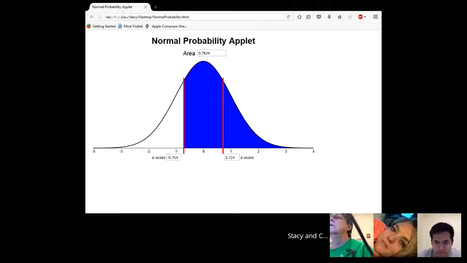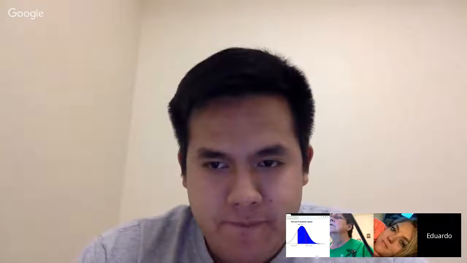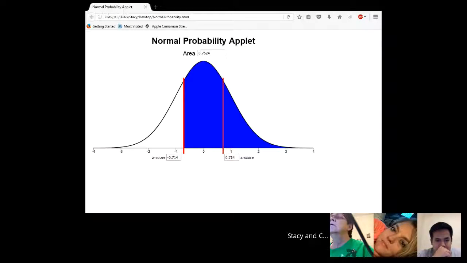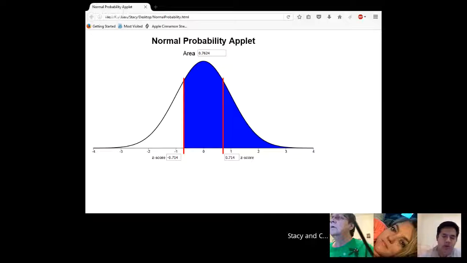And then number 15 is less than 0.70 grams. Okay, so we just have to do another z-score. Okay, so 0.70 minus 0.6. I got 0.714 as well. Okay, sorry, I just messed mine up. Okay, what did you get, Dora? 0.74.